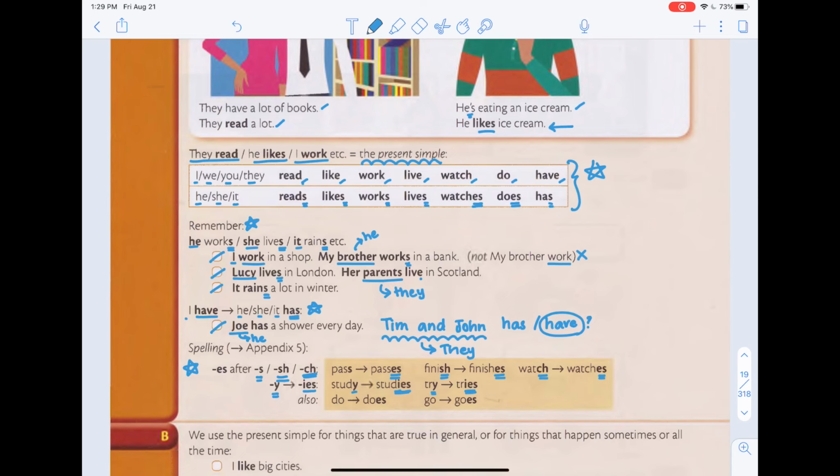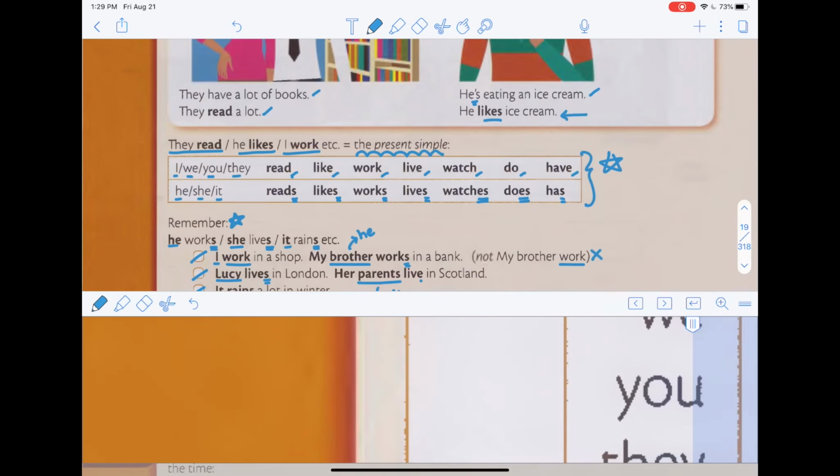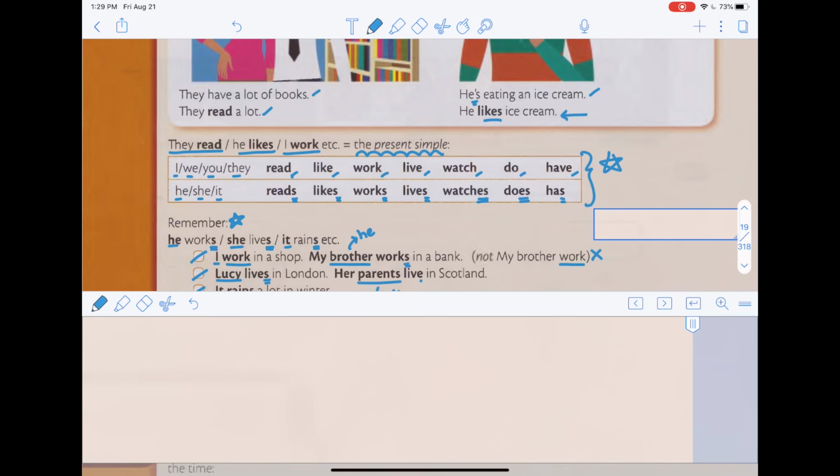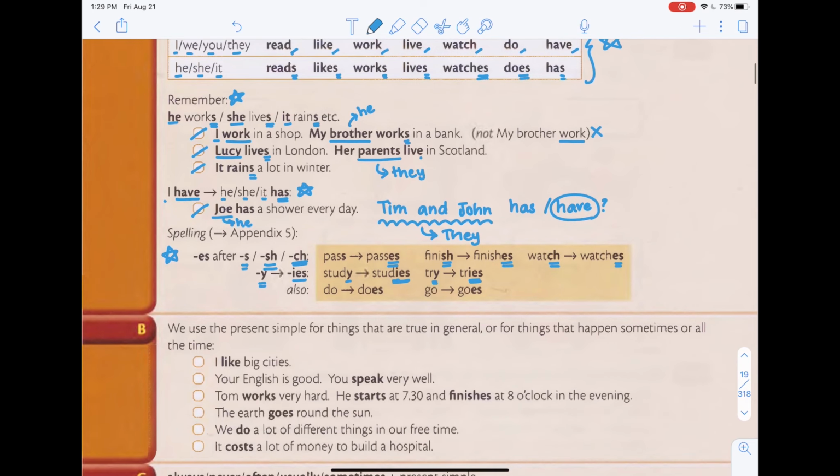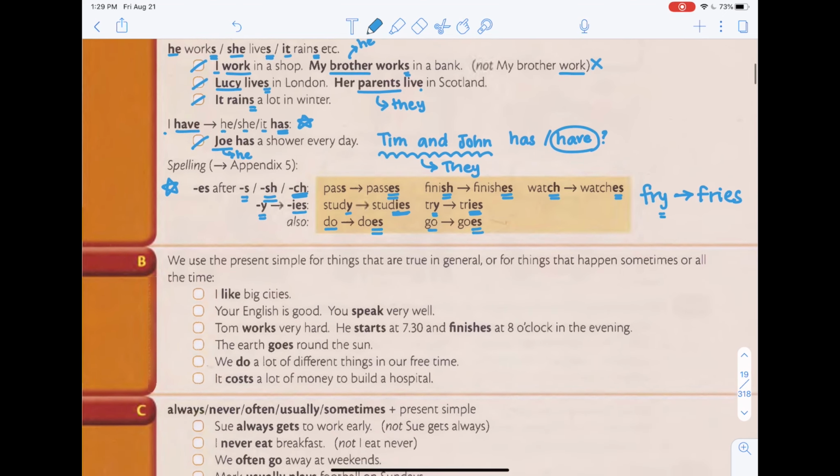Another word that you might know is the word fry. Fry ends with y, you change that, it becomes fries. And then lastly, do becomes does, go becomes goes. This one you have to remember.